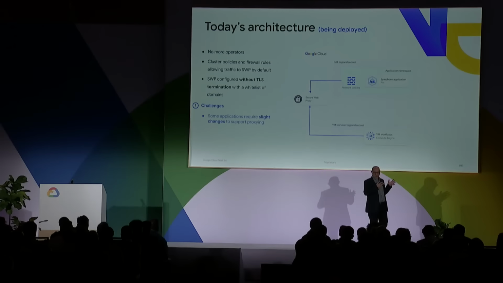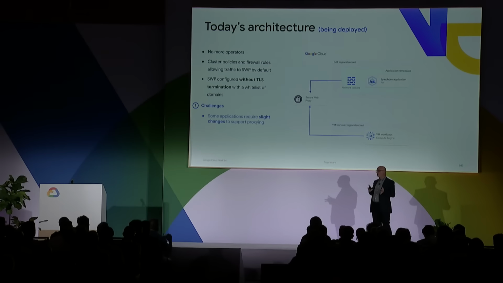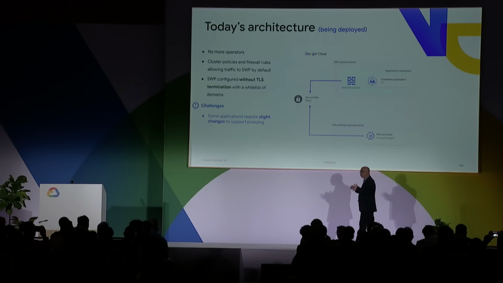So today's architecture, simple answer: no more operators. That was a nightmare. That was a valid answer before Secure Web Proxy. But now we have all our outgoing traffic directly directed to the Secure Web Proxy.